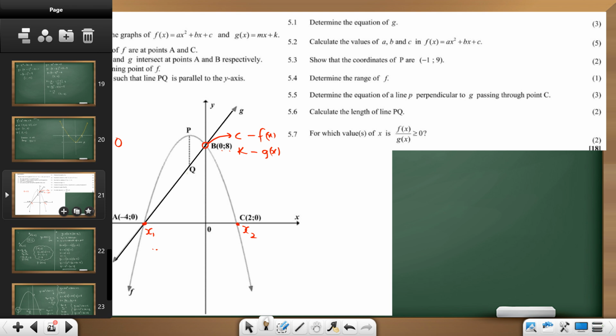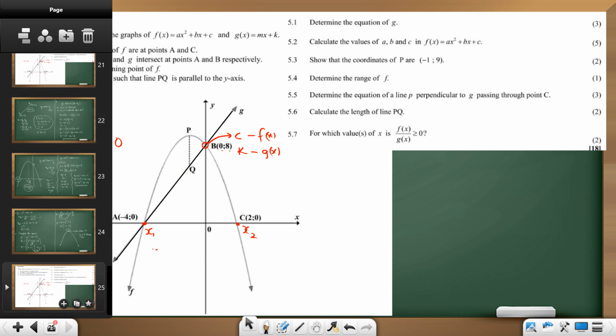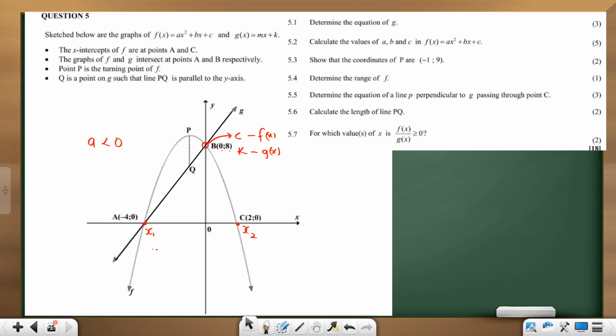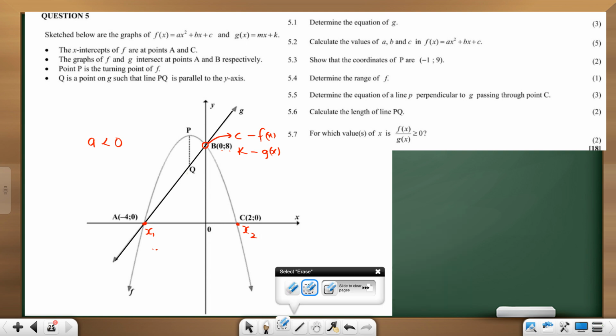Now 5.5. Determine the equation of the line P perpendicular to G passing through C. Ooh, so much information. Let's do this. Okay, what do we need?